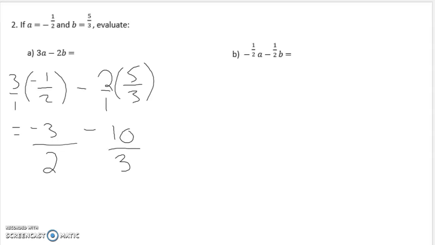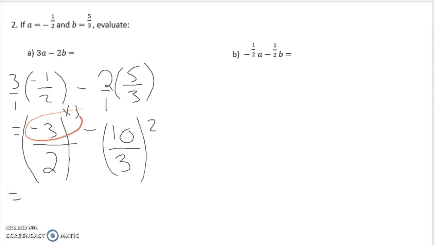Now, we have to find a common denominator, because right now we are subtracting these two fractions. This has a 2, this has a 3. So what we need to do is multiply this fraction by 3, and then we're going to multiply this fraction by 2, so that our common denominator is 6. So I'm just going to add some brackets here, and we're going to times this one by 3, and then we're going to times this one by 2.